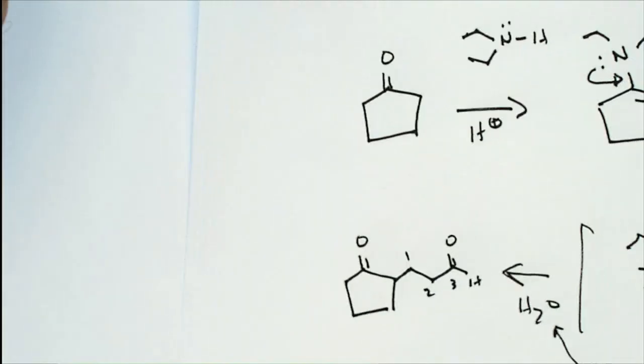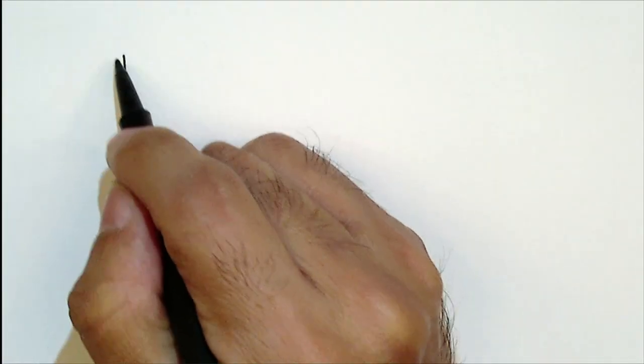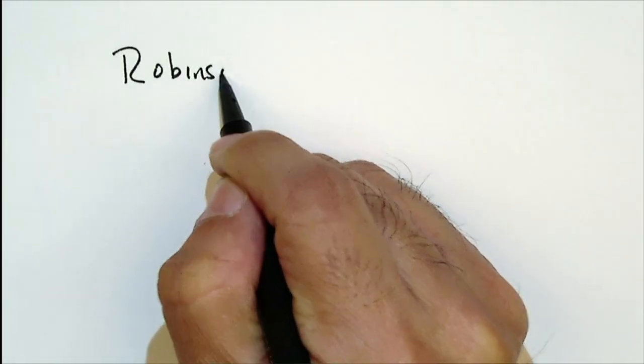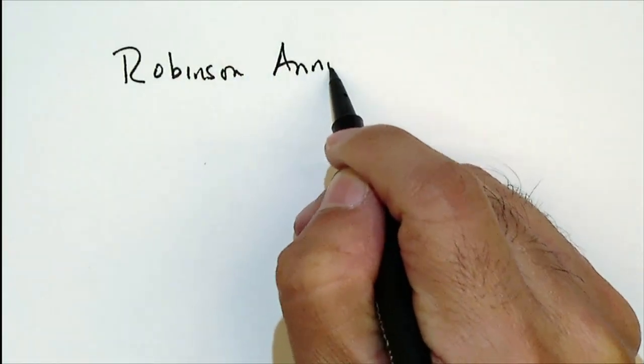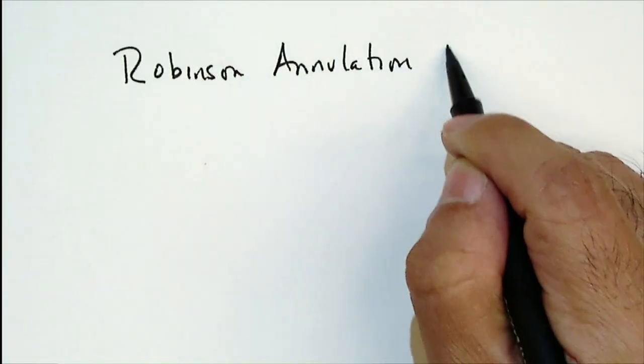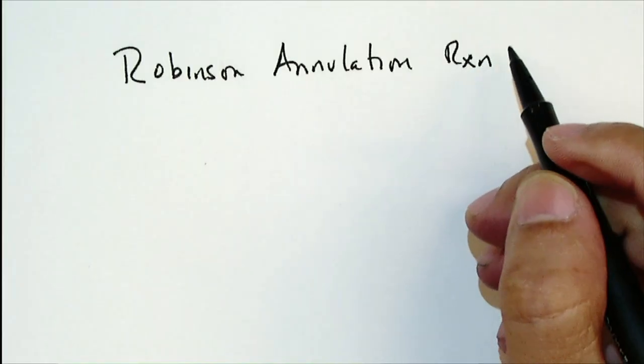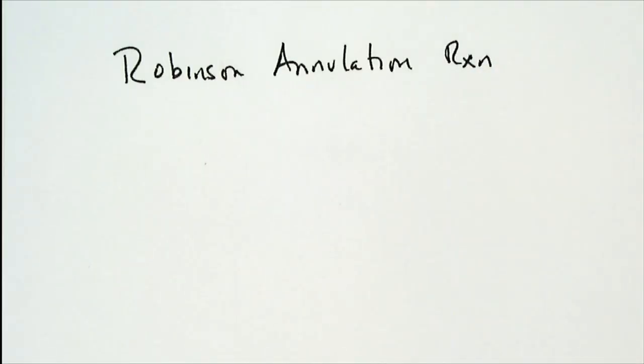So one last reaction we need to cover under these carbonyl condensation reactions is called a Robinson annulation reaction. Now this is probably the most complex one because it involves two reactions. Essentially, Robinson didn't invent new chemistry, but he coupled two reactions together and named the new process after himself.